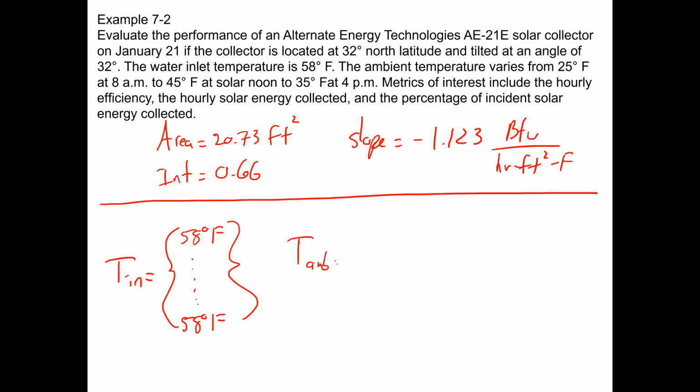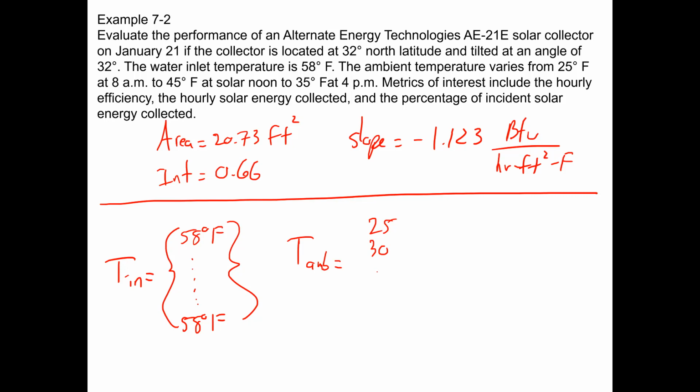Our ambient temperature was given to us to be 25 degrees Fahrenheit at 8 a.m., and it incrementally increases to 45 degrees at solar noon. So I'm just going to increment that linearly.